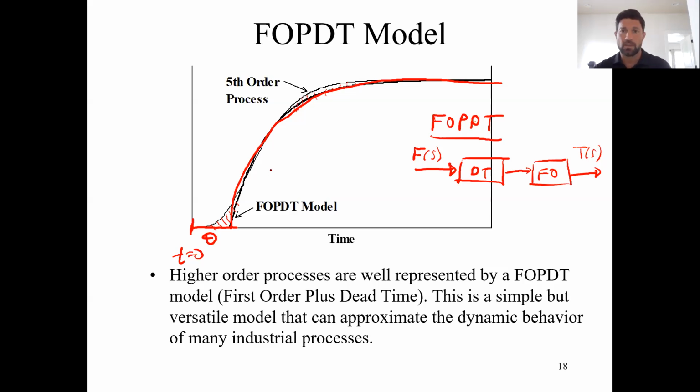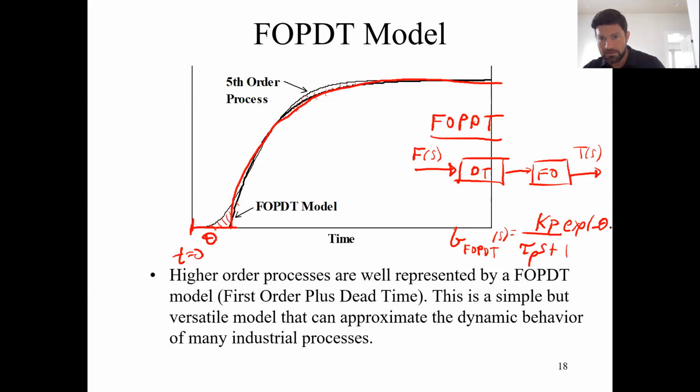Okay, so the transfer function for a first order plus dead time model is, again, we know the transfer function for a first order model is Kp over tau p s plus 1. So G FOPDT equals this times the dead time. The Laplace domain model for a dead time is the exponential of negative theta times s.